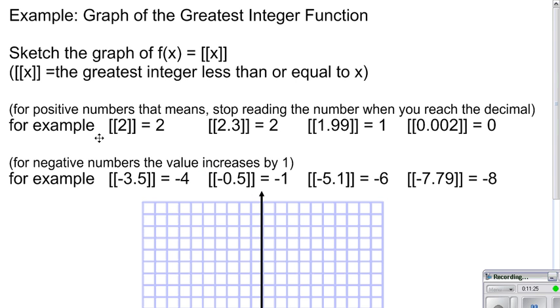For all of these, it's the integer that would be left of whatever we're plugging in on the number line. -0.5 equals -1, -5.1 will go to -6, and -7.79 goes to -8. All the values increase by 1, 7 to 8, 5 to 6, 0 to 1, 3 to 4, if it's a negative inside.